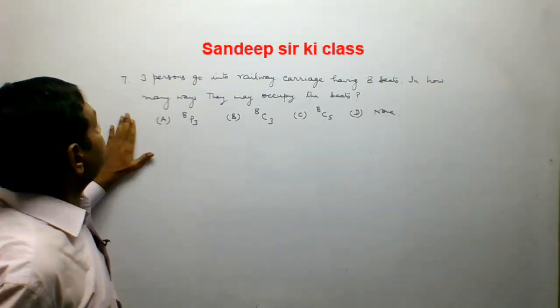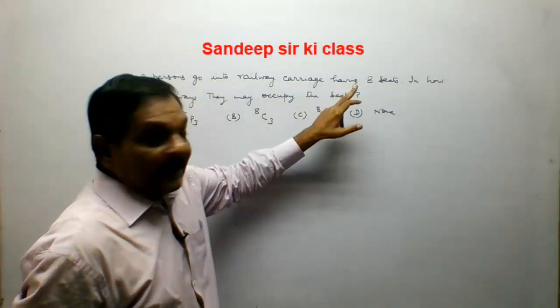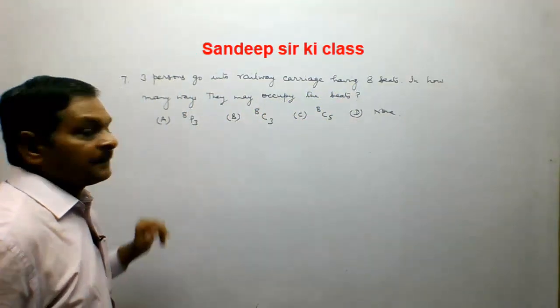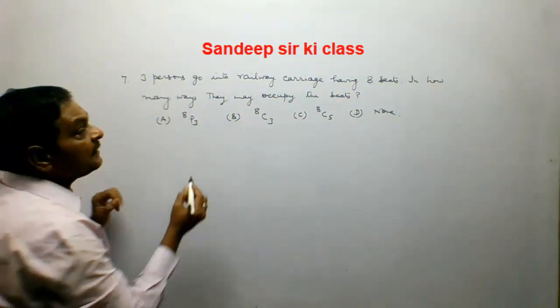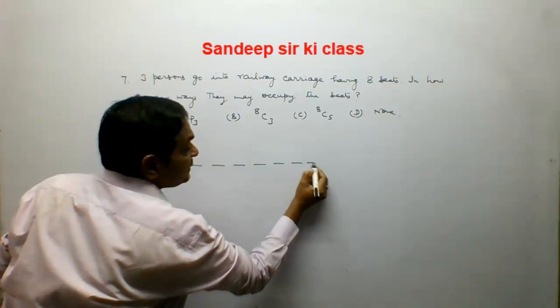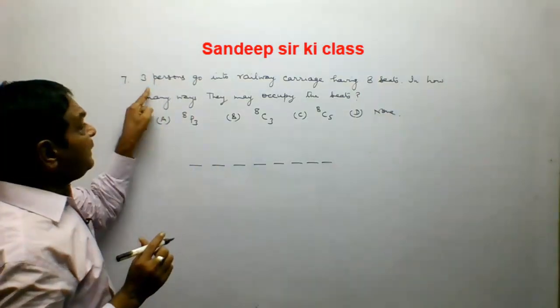Question number 7. 3 persons go into a railway carriage having 8 seats. In how many ways they may occupy the seats? See, 8 seats are there: 1, 2, 3, 4, 5, 6, 7, 8. 8 places are to be filled by 3 persons.